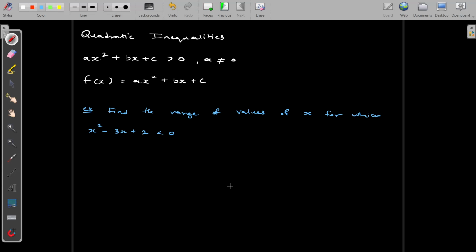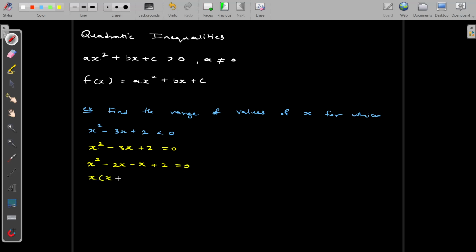in order for us to find these values, we would need to find the roots of this quadratic. So we must first solve it. So x squared minus 3x plus 2 being equal to 0, applying AC method, x squared minus 2x minus x plus 2 equal to 0.